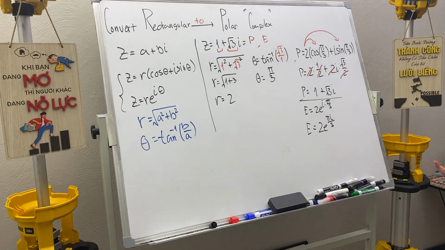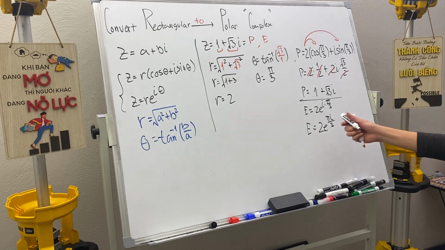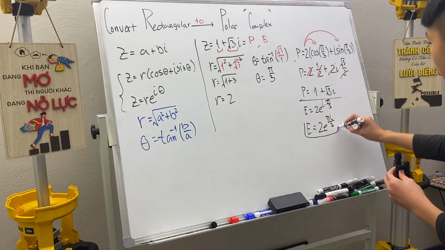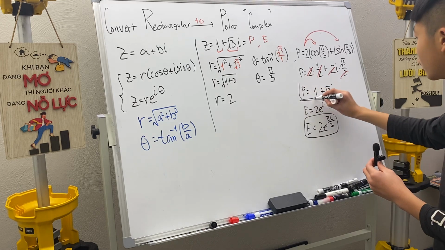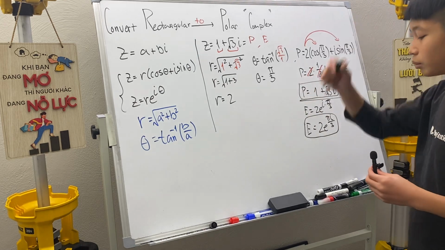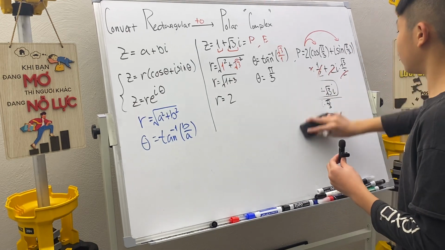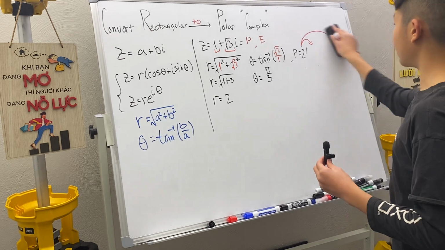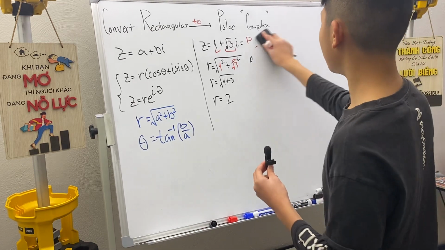And that's it. This is the Euler form and the polar form.